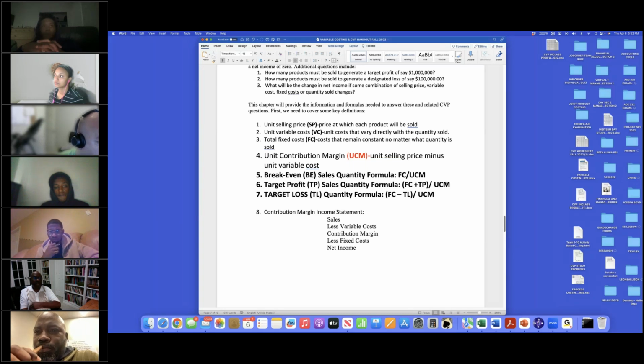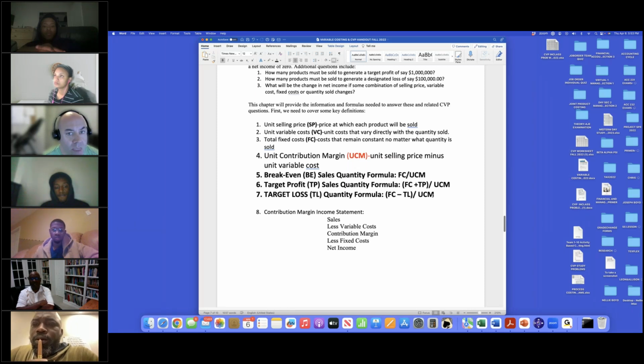And then there's the target loss formula, where it's fixed cost minus the target loss divided by the unit contribution margin. Those are the three formulas that we work with for the rest of the semester on every problem, on every exam, and the final exam.